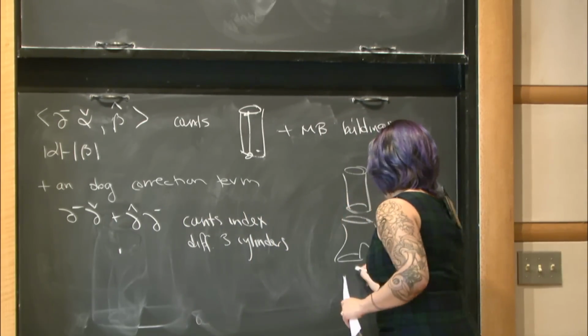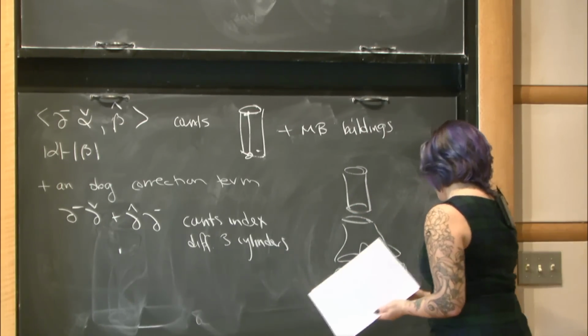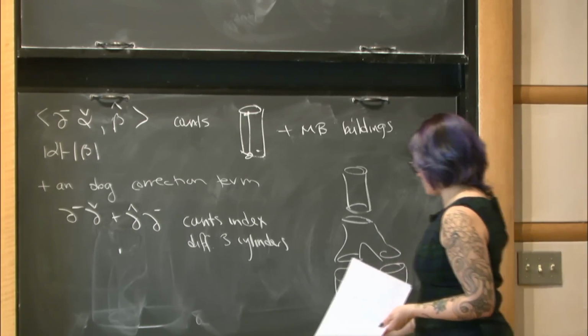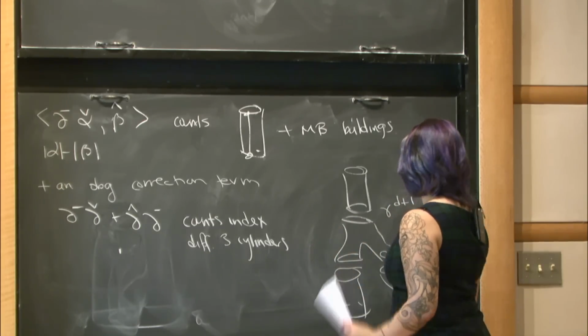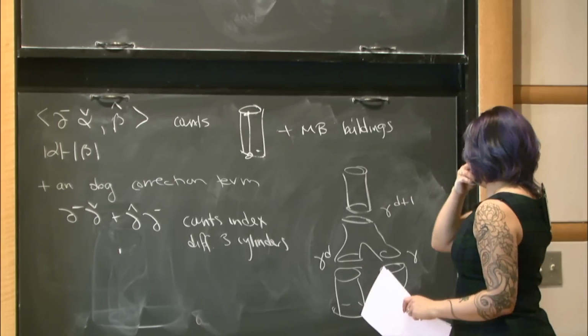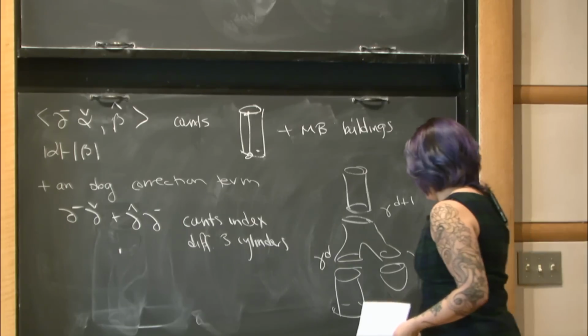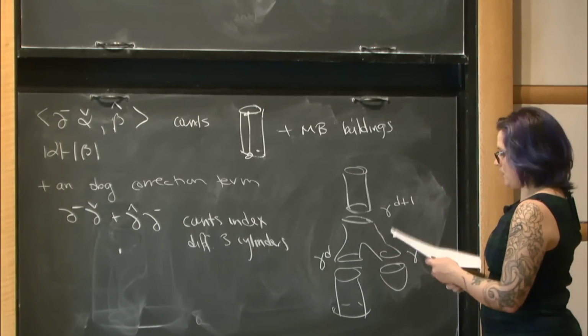And so what can happen is if you have an elliptic contractible orbit, then you can't exclude its branched cover. And so this is going to be a gamma to the d plus 1. This is going to be a gamma. This is going to be a gamma to the d. This is going to be a branched cover of a trivial cylinder over gamma.